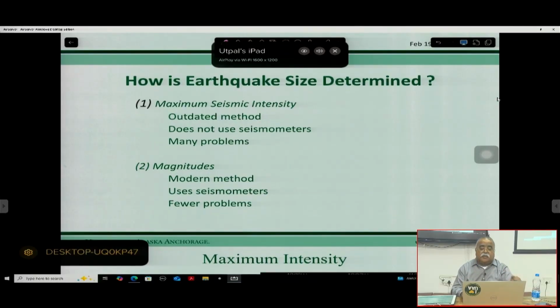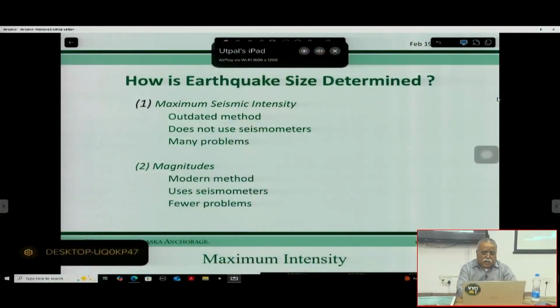And third of all, it is very subjective in nature, because how you felt an earthquake will vary from one person to the other person, right? And also the amount of destruction depends upon the place and the construction practices and everything. So that will not be very accurate.